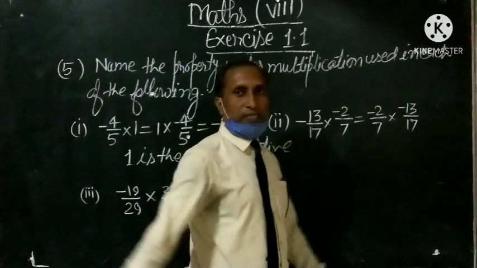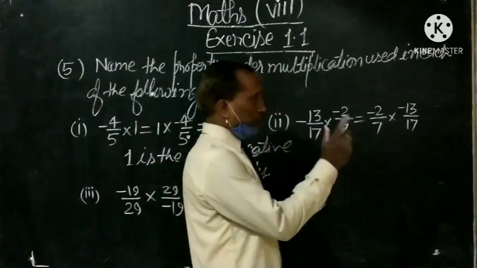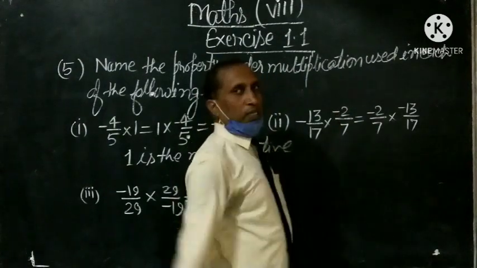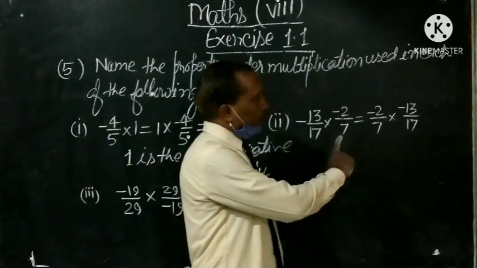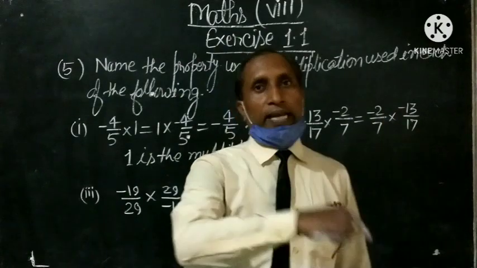And in the second case, here are two rational numbers which are multiplied in any order.